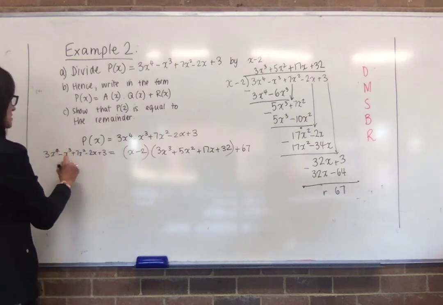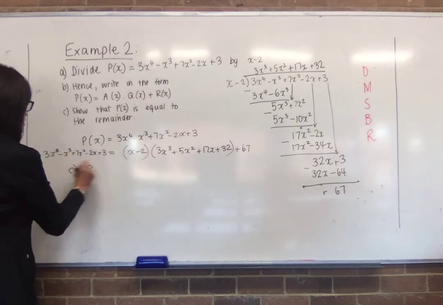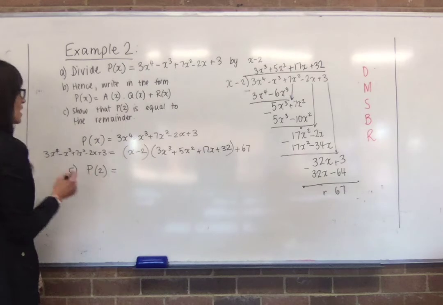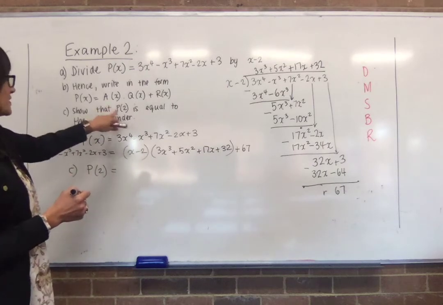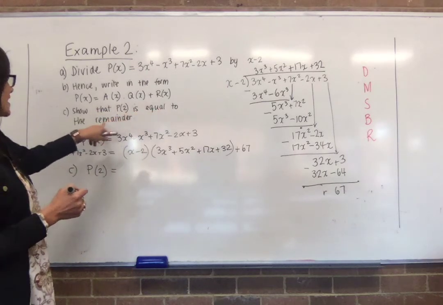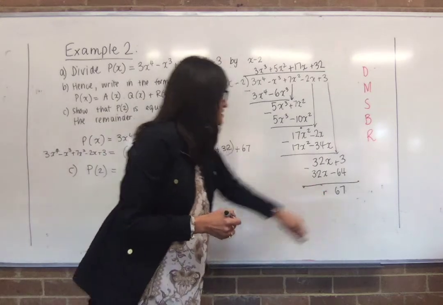And then part C, we're going to find P of 2. It's saying here that P of 2 is equal to the remainder of 67.